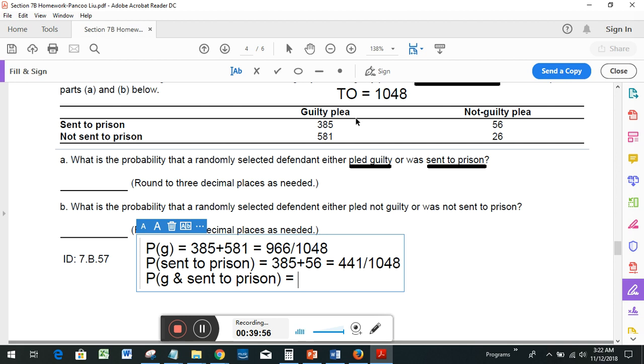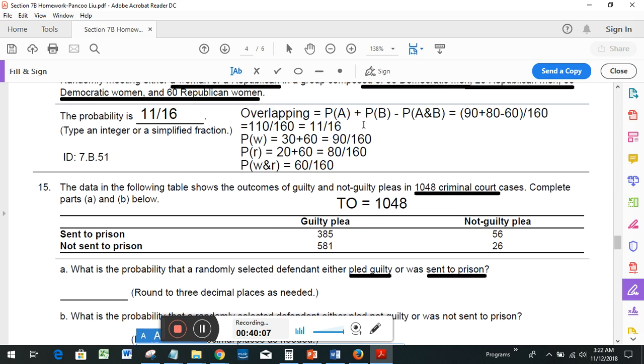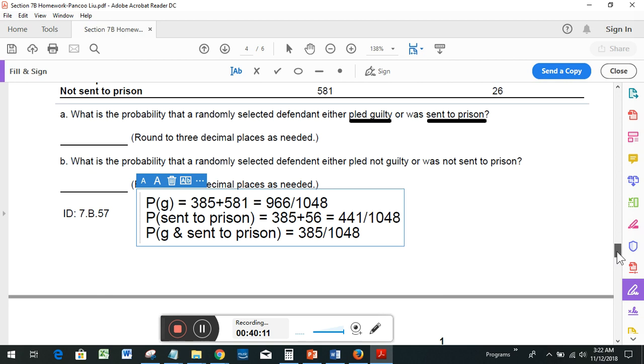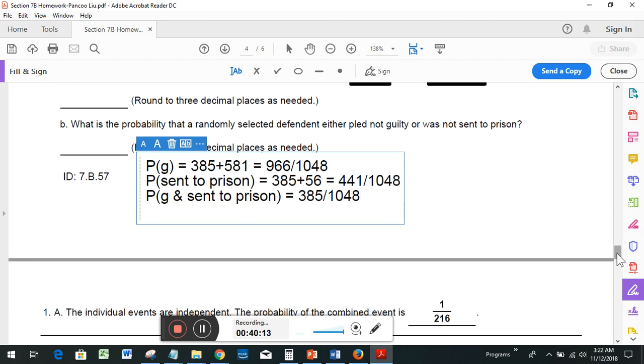The number was 385, so 385 out of 1048 cases. Again, we're going to plug this into the formula: first event plus second event minus the combination. So 966 plus 441 minus 385, and this is all out of 1048.